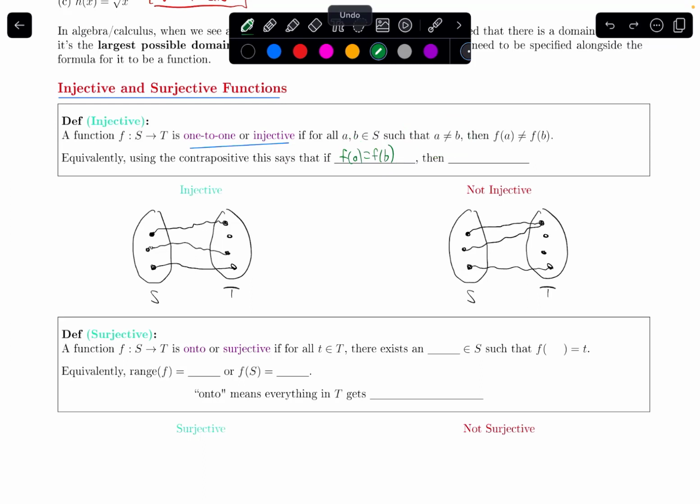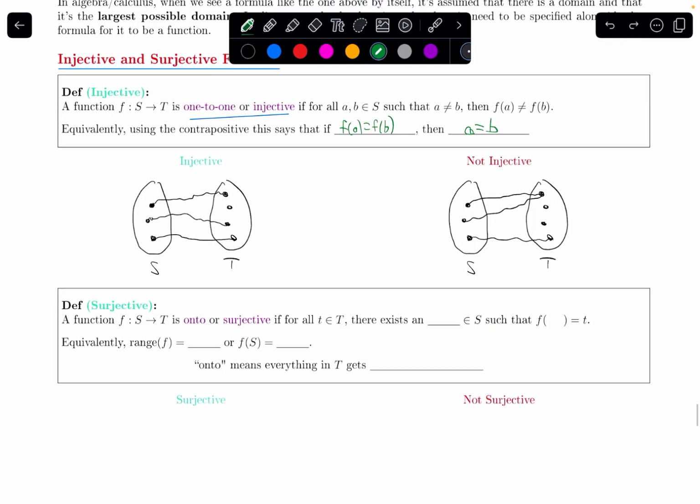So that would be saying then, well, a has to be equal to b. So this is saying if two outputs are indeed equal, well, then their inputs need to be equal for it to be an injective thing. So this contrapositive way is really commonly used when we prove things are injective, and we'll do that in a future video.